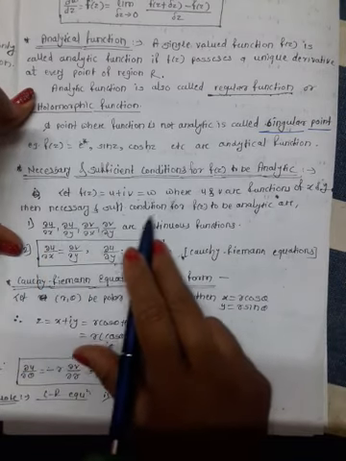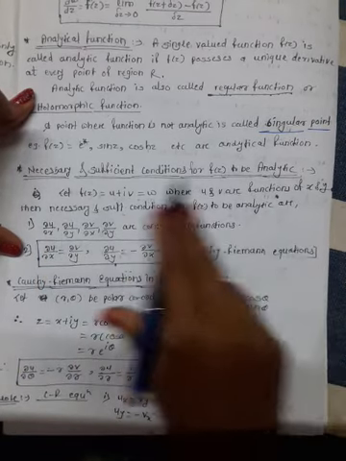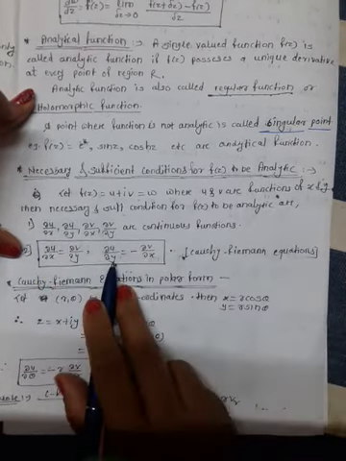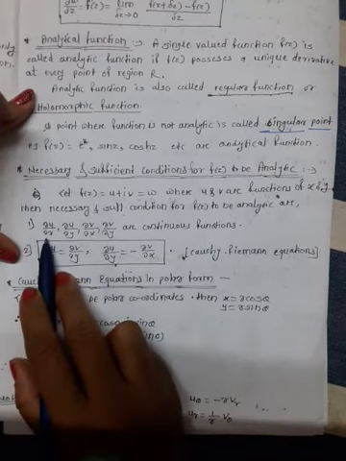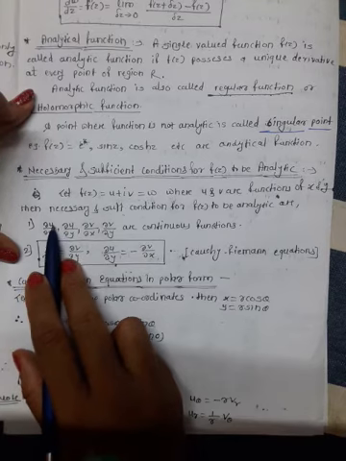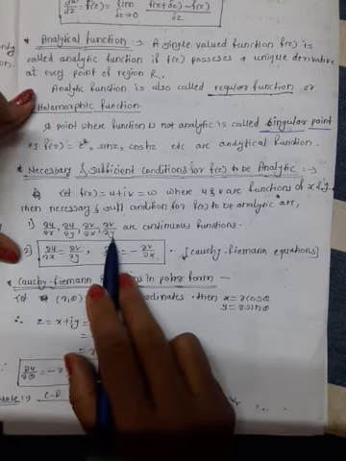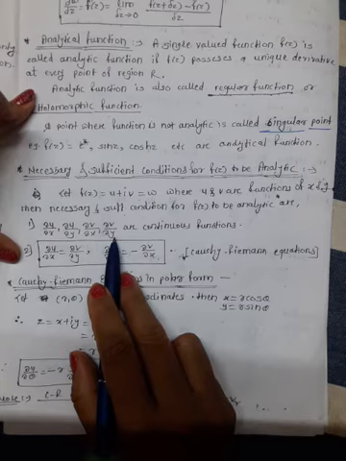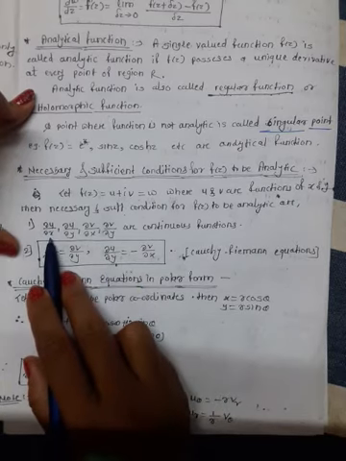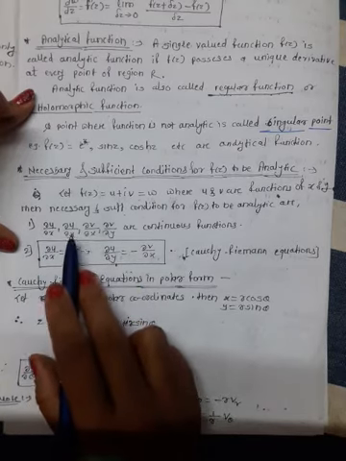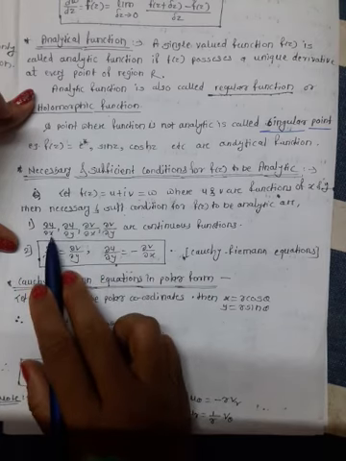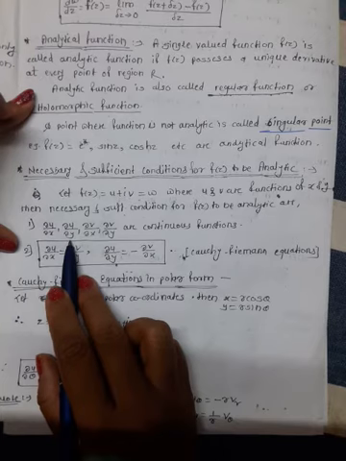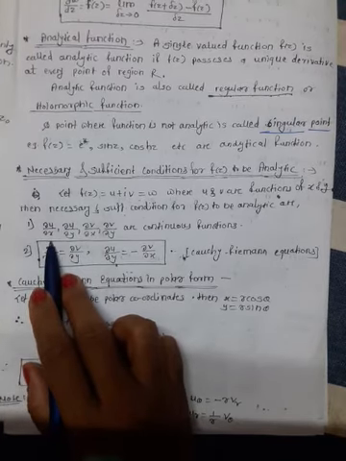Then the necessary and sufficient conditions for f of z to be analytic are, there are two conditions. First one, dou u by dou x and so on are partial derivatives. While taking the derivative with respect to x, you have to keep the other variables constant. For example, if you are taking the derivative of u with respect to x, y is constant. If you are taking the derivative of u with respect to y, obviously x will be constant.